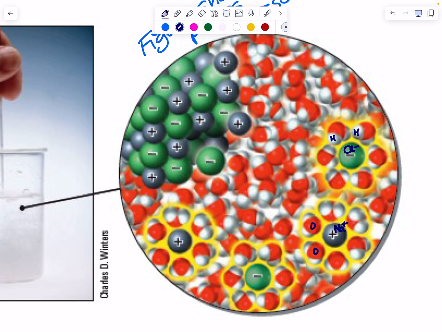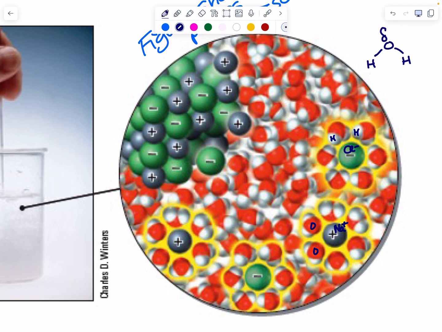Now, if we think about what we know about bonding and electronegativities and molecular polarity, one of the reasons that we studied that was to understand how materials behave. And if you remember, oxygen is much more electronegative than the hydrogens.